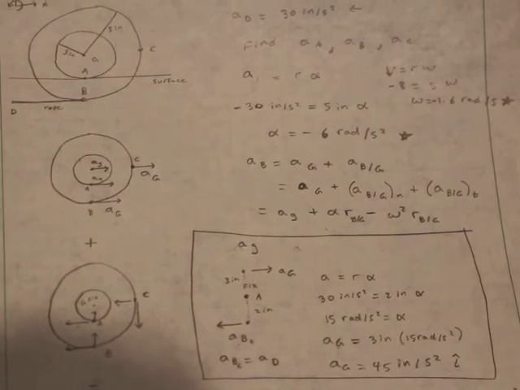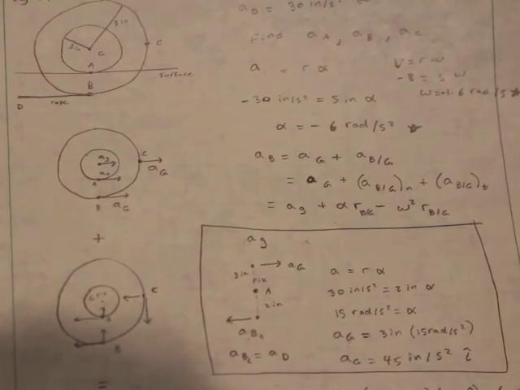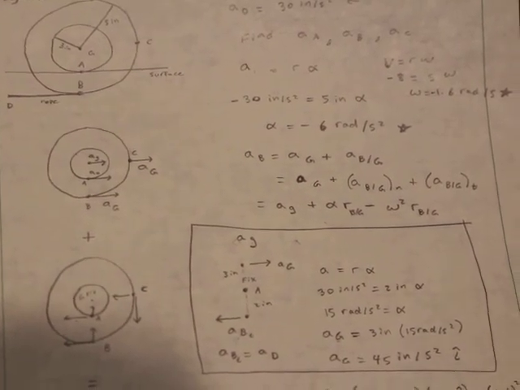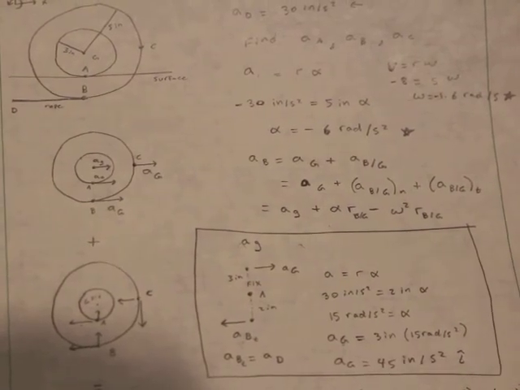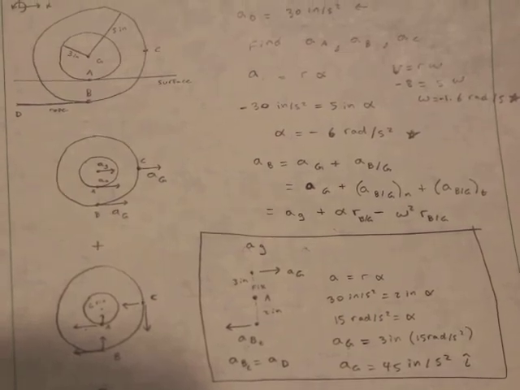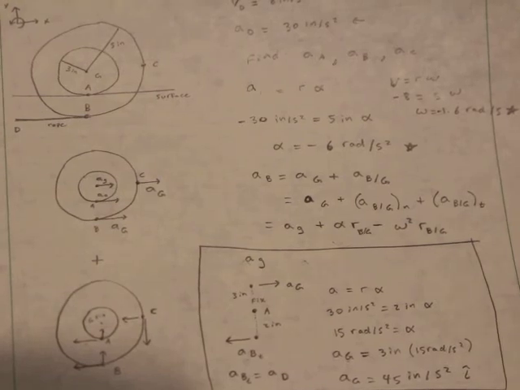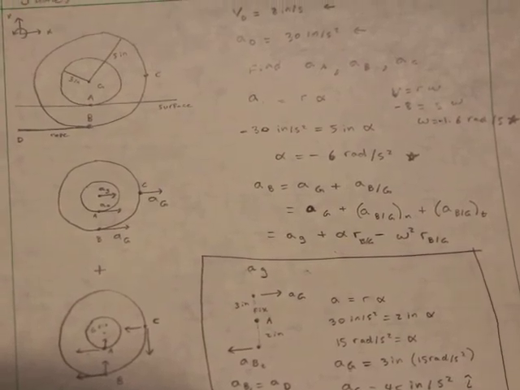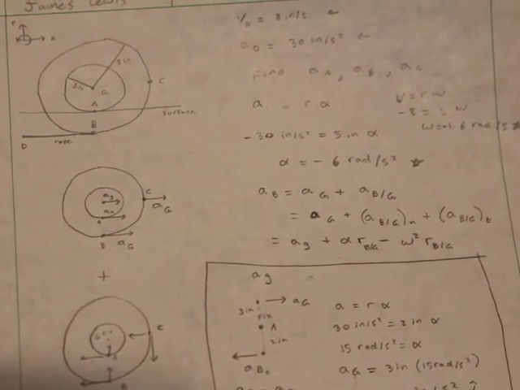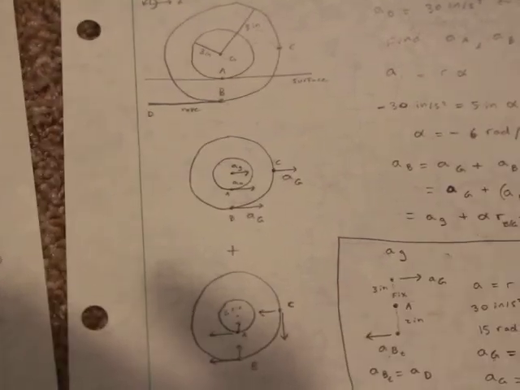And we can split the acceleration of B in regards to G into our normal and tangential accelerations, which then convert over to the acceleration of B equals acceleration of G plus angular acceleration times the radius of B in regards to G minus the angular velocity omega squared crossed with RBG, which we got from our picture equation.